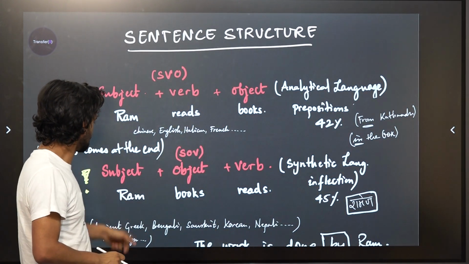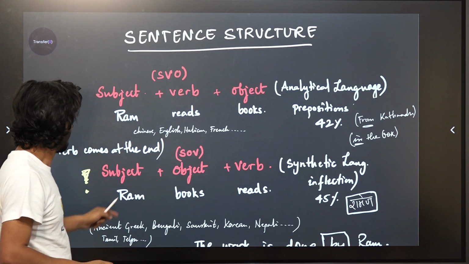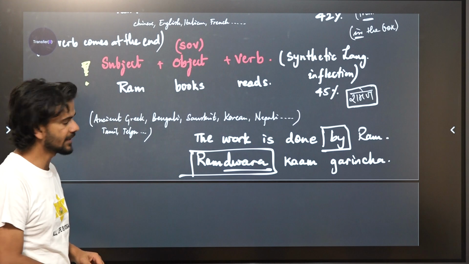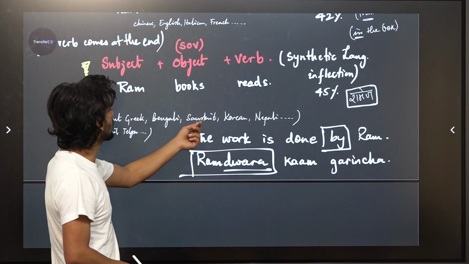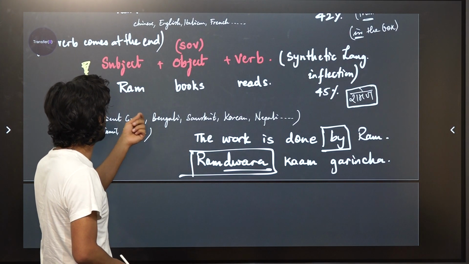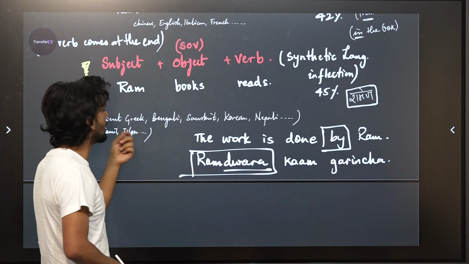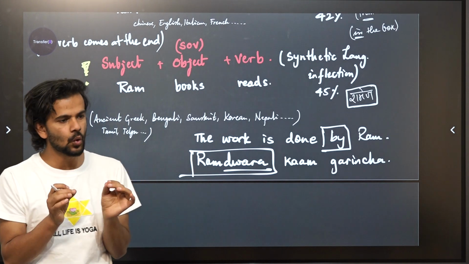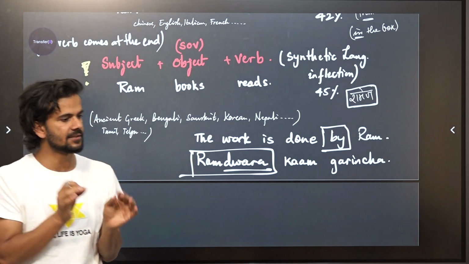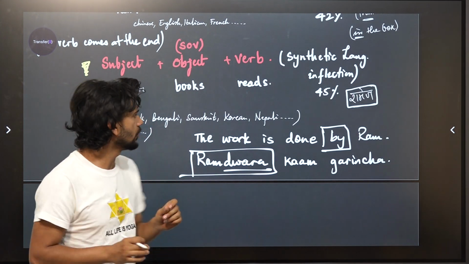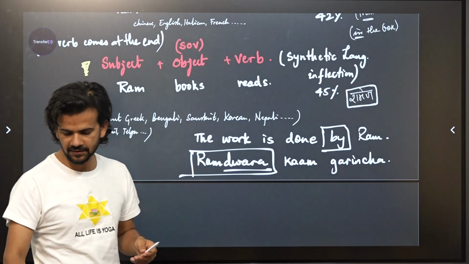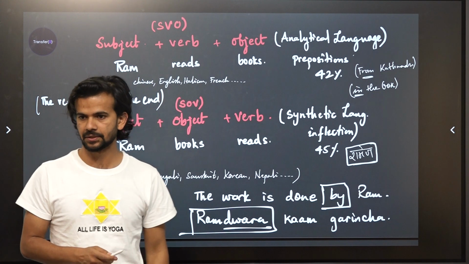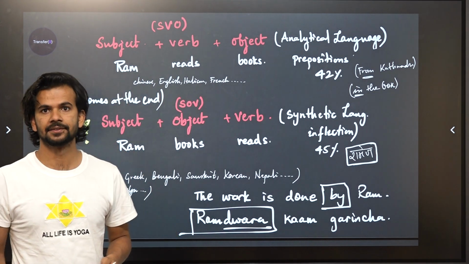And similarly, the languages that follow SOV structure are Nepali, Korean, Sanskrit, Bengali, ancient Greek, Tamil, Telugu, all of these. So do you understand the difference between SOV and SVO sentence structure? Yes. And do you understand the difference between synthetic language and analytical language? Yes. Okay.